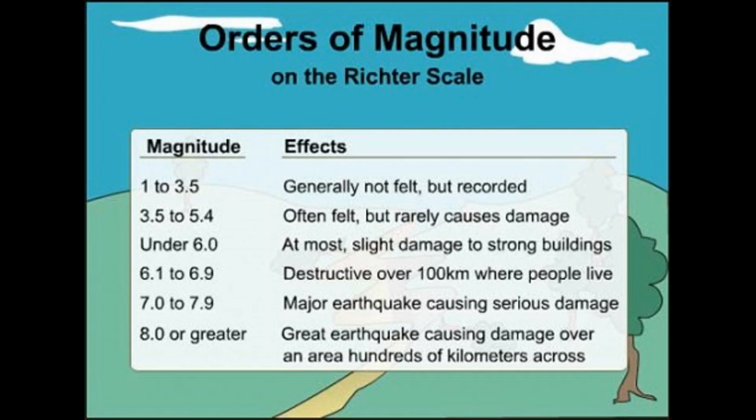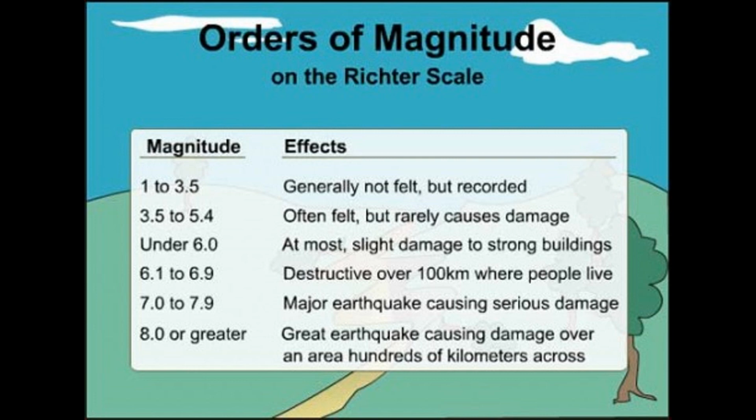Then when it comes to an earthquake, there are several different magnitudes. Magnitude 1 to 3.5: the effect is generally not felt, but recorded. Magnitude 3.5 to 5.4 is often felt, but rarely causes damage. Under magnitude 6.0, at most, slight damage to strong buildings.